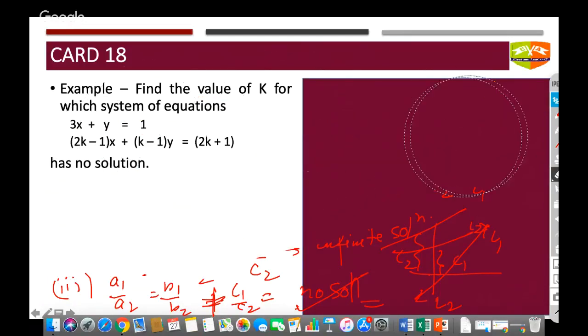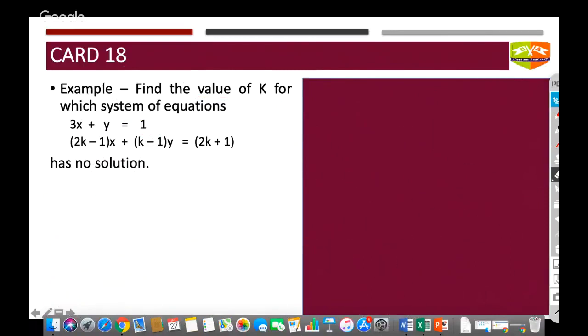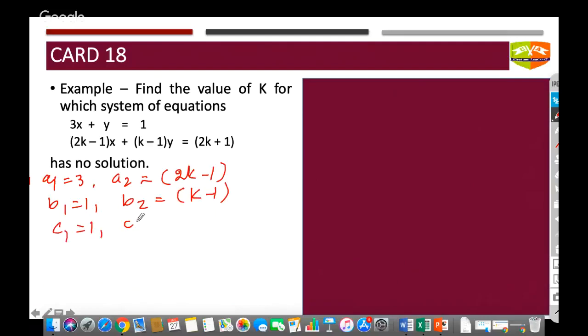So I'll apply that in this question. a1 is equal to 3, a2 is equal to 2k minus 1, b1 is equal to 1, b2 is equal to k minus 1, c1 is equal to 1, c2 is equal to 2k plus 1. Now a1 by a2 is equal to b1 by b2, that should not be equal to c1 by c2. If you don't write this, you don't get the answer, you don't get the marks. So you need to first write this.